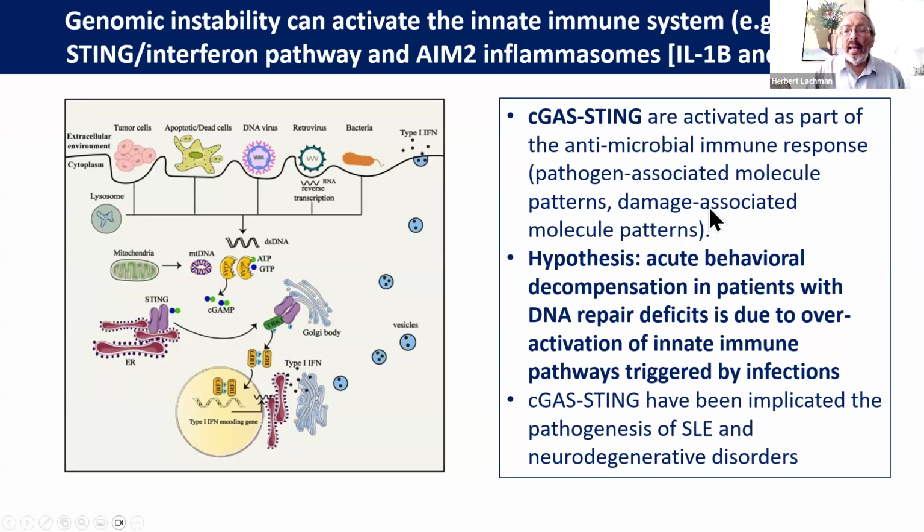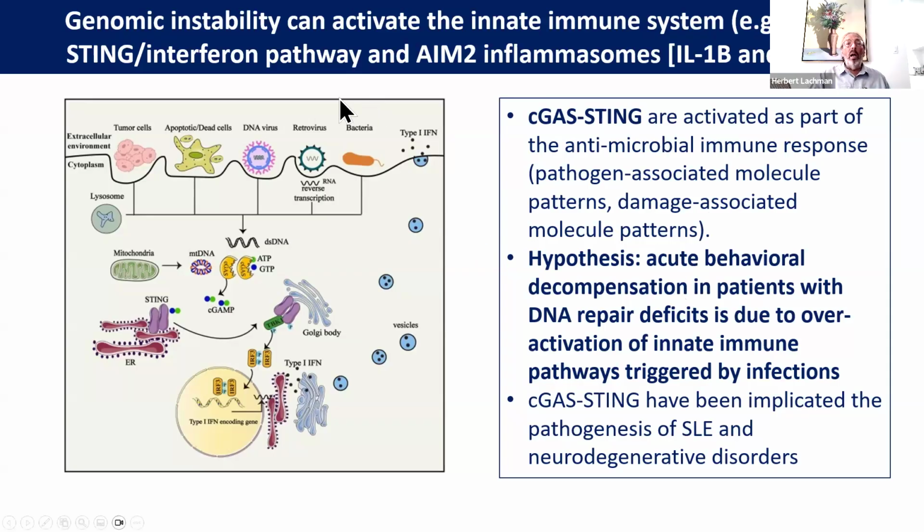And cGAS-STING has been implicated in lupus and in various NDDs. It's a very hot topic. You go to PubMed and just type in cGAS-STING and autoimmune or neurodegenerative, you'll see many, many different citations.